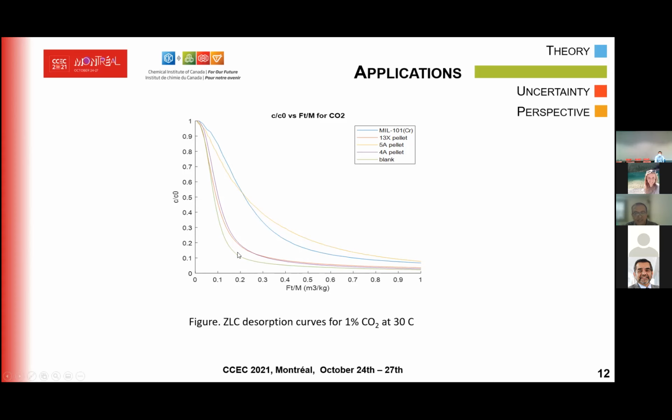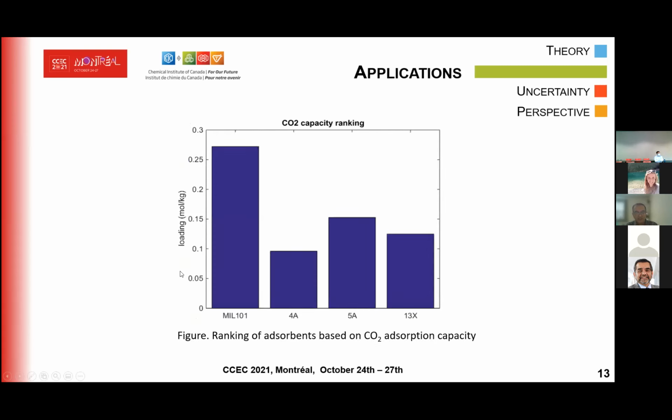And about the blank, I should say that usually you can choose a material like rock wool, which you know is a non-absorbing material, just for reference. So doing the integration, you can already get this visual ranking of the adsorbents.